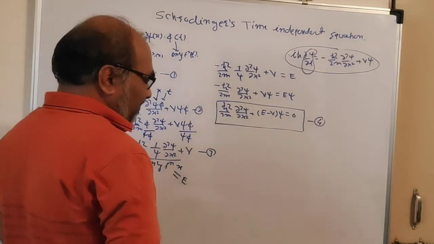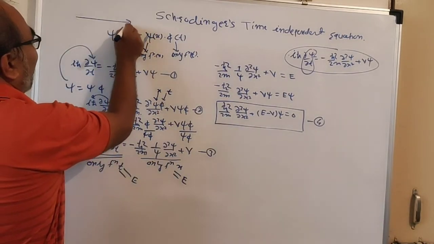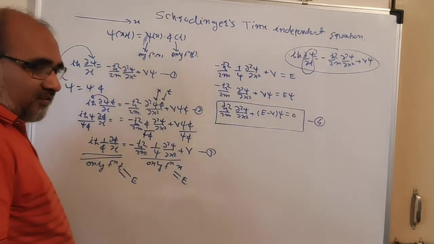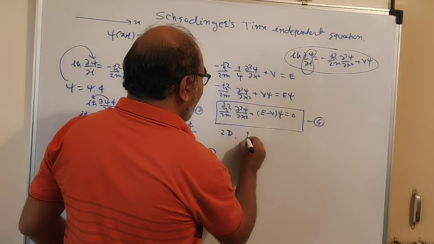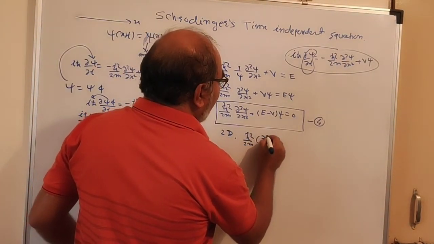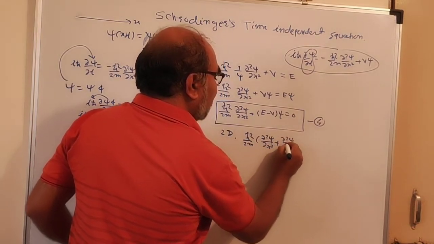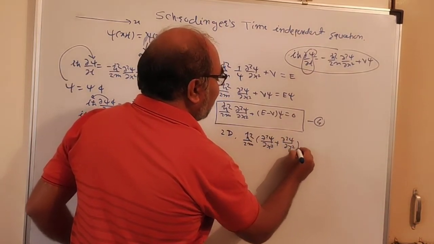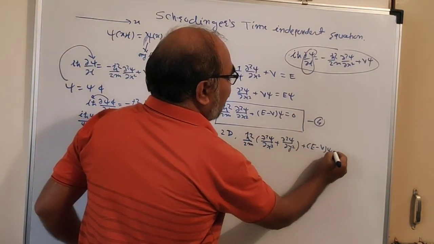So this is for one dimension, as the particle is moving only in the x positive direction. Now for 2D, the same equation: h bar square upon 2m into bracket d2 psi by dou x square plus d2 psi by dou y square, plus (E minus V) psi is equal to 0.